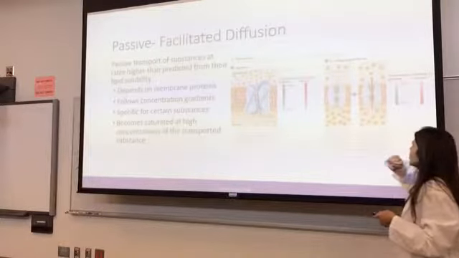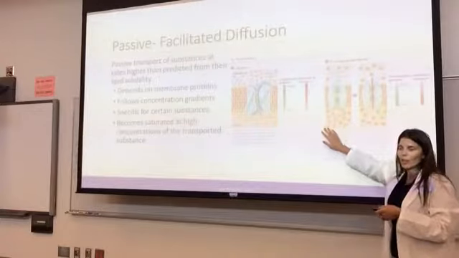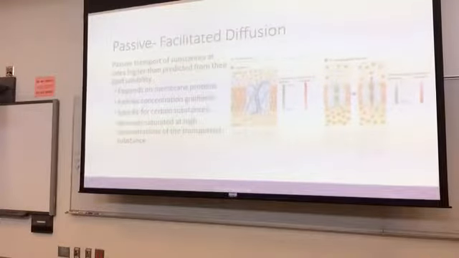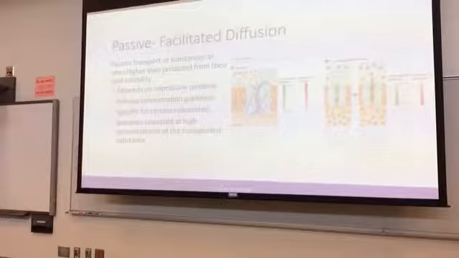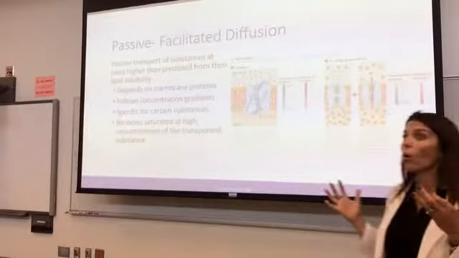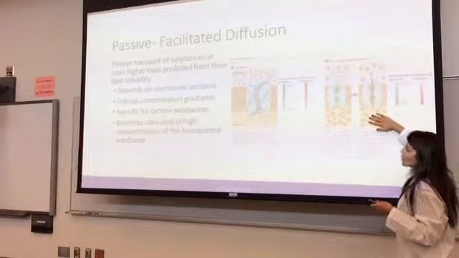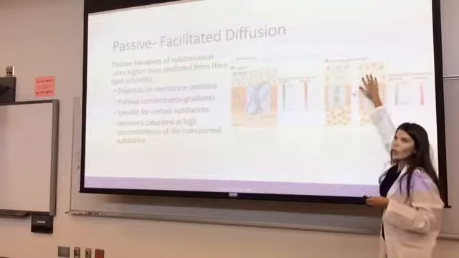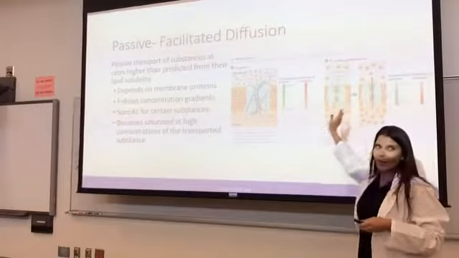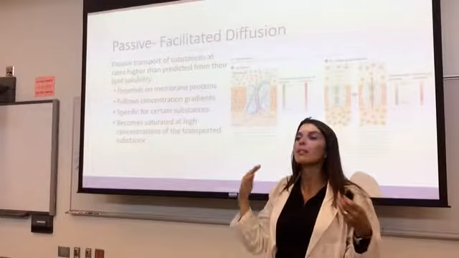Where's my high concentration? At the bottom in the cell. And where's my low concentration? Outside the cell. And which direction is it going? And we know that because there's an arrow. So it's still going from an area of high concentration to an area of low concentration. Does this require any energy? No. It just happens naturally.